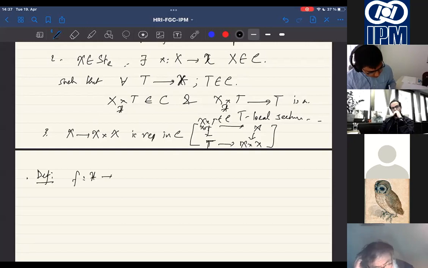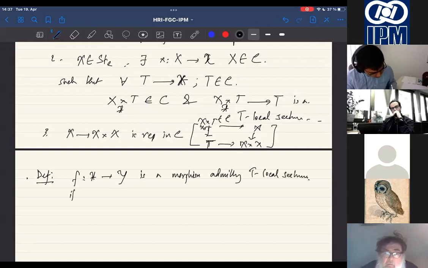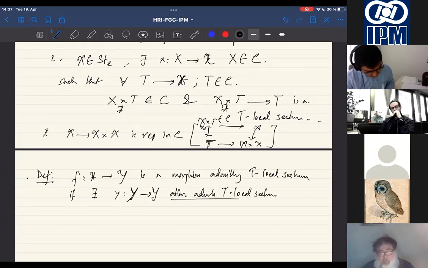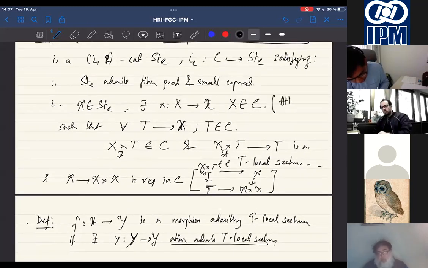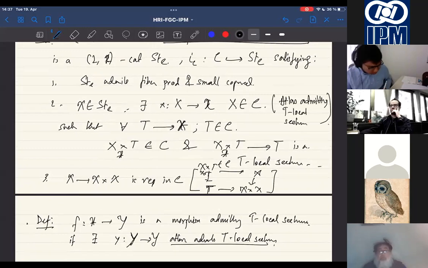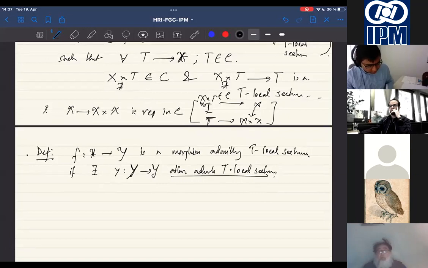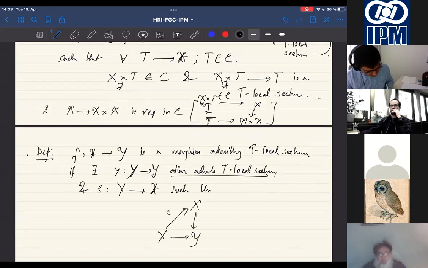A morphism f: X to Y is a morphism admitting τ local sections if there exists an atlas admitting τ local sections, and a map from Y to X, such that the diagram commutes.